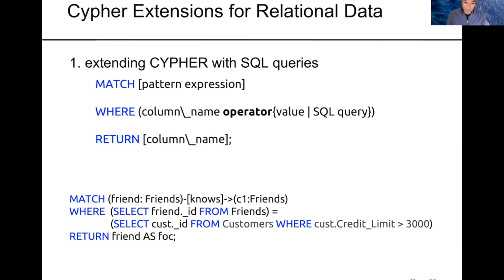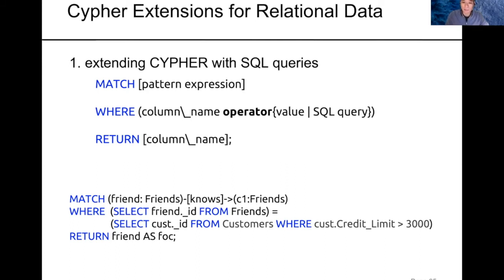Below is an example, right? As we said before, in our UniBench example, information is kept in different types of models. For the friendship among customers, we keep a friend graph, and the customer information is kept in the customer relation table.